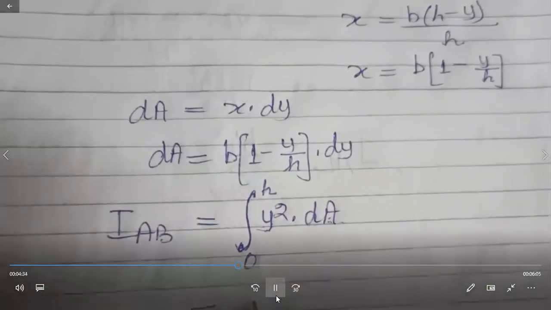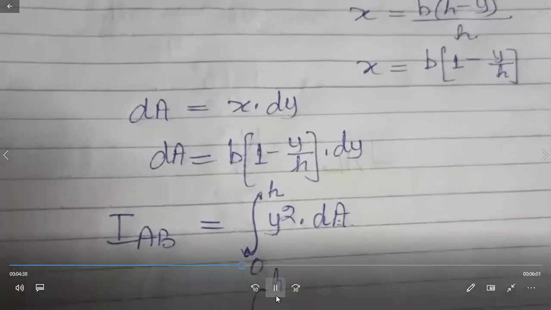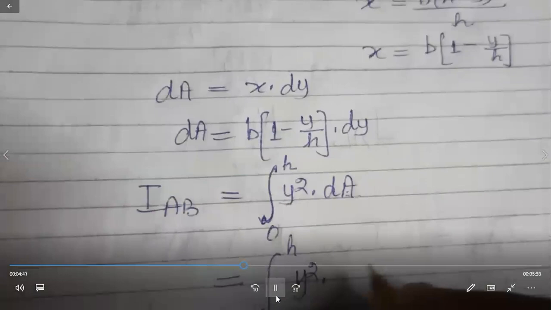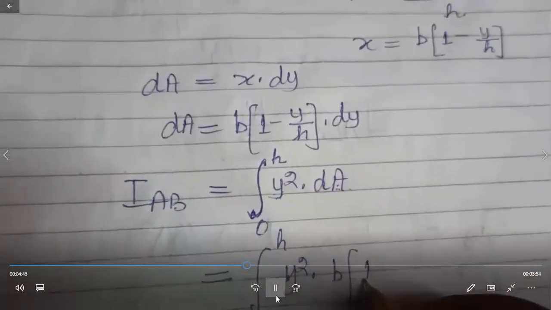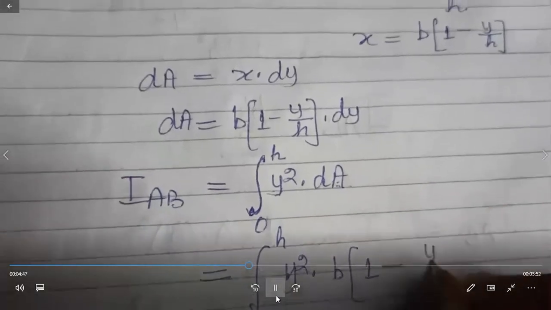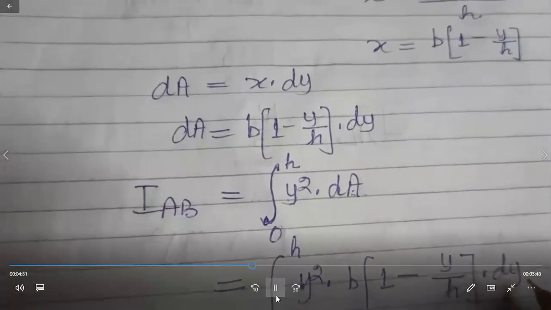Now put the value of dA. So 0 to h, y square, and the value of dA is b into 1 minus y upon h into dy.